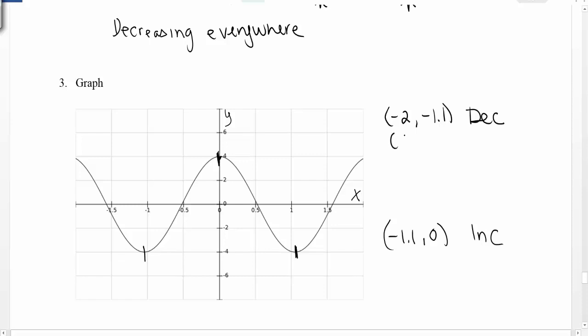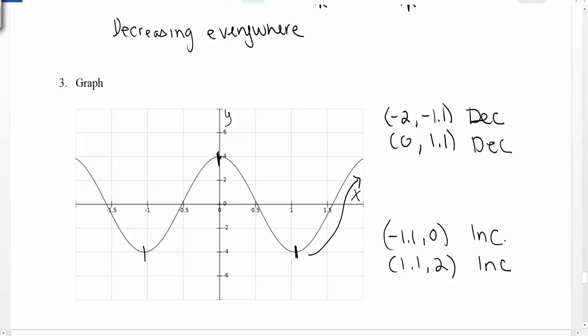My next interval, 0 to 1.1, is again decreasing because I'm moving downward from left to right. And then 1.1 to 2, I'm again increasing because I'm moving upward from left to right.